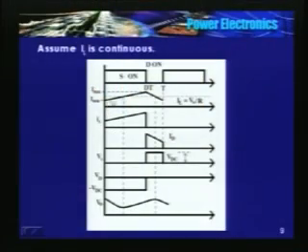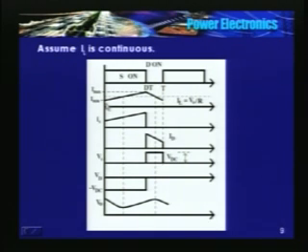See, this is the inductor current, this is the load current assumed to be constant. From this period, the inductor current is less than the load current, so the difference should come from the capacitor.